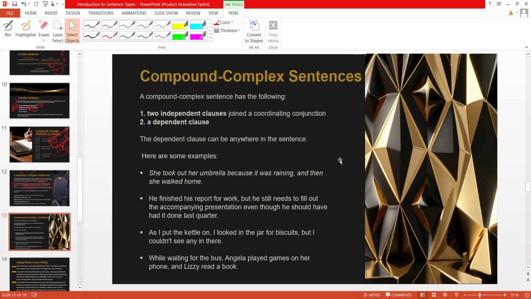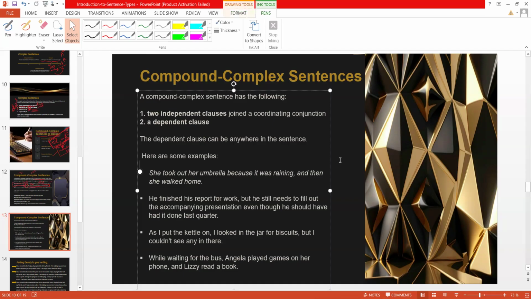Now, let us take the first one first. She took out her umbrella because it was raining. Now, see, we did not place any comma here. This is a complete complex sentence. This is the independent clause first.